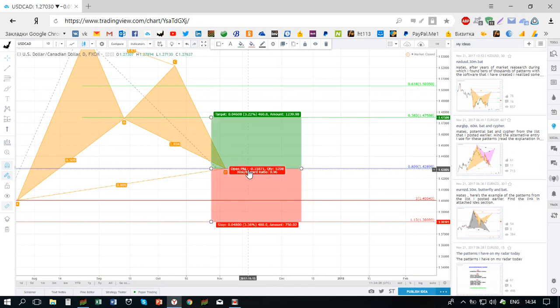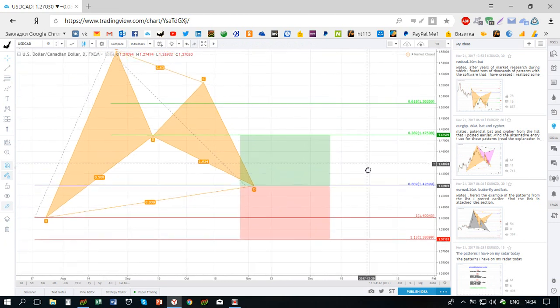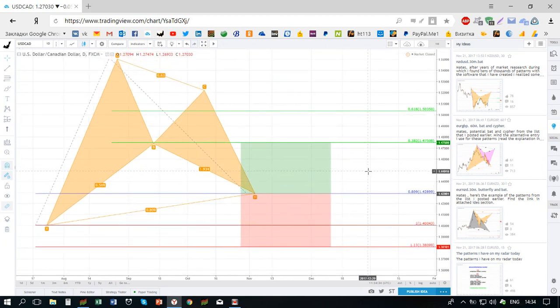You see, the risk to reward is negative. It is the typical situation for Cypher and for Gartley when the reversal somewhere close to 786, 80.9 slightly exceeds that reversal. So it is a typical situation for Ciphers mostly, but for Gartley it also happens in many cases when you have it this way.